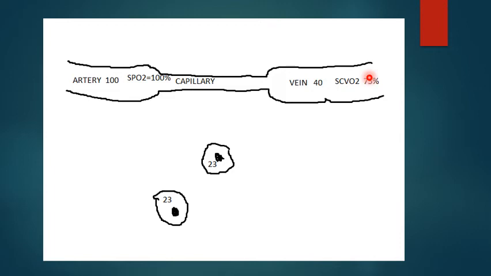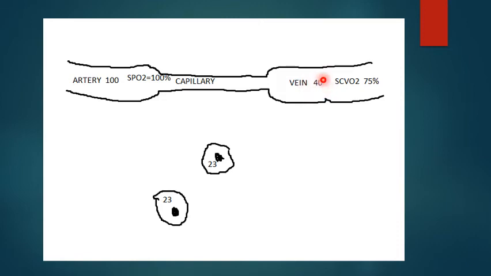So why? One reason. As I said, at 75%, the PO2 is 40. But instead of 75%, if it goes to 60%, this is the oxygen hemoglobin dissociation curve, isn't it? At 75% it is 40, but if it goes to 60%, this PO2 will drastically reduce to somewhere around 20, 25.